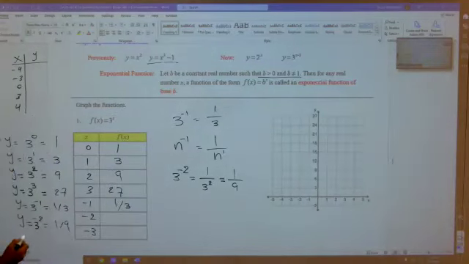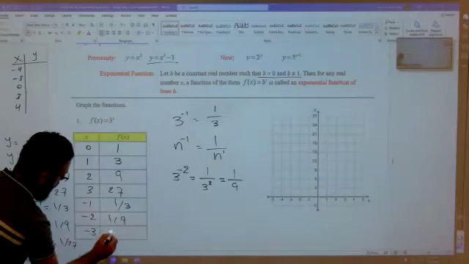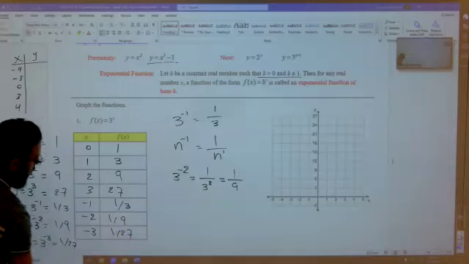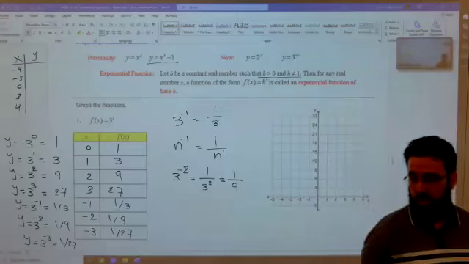And the same thing with negative 3: y equals 3 to the negative 3, which means equal to 1 over 27. There's 1 over 9, 1 over 27. Is that okay? Yes or no?